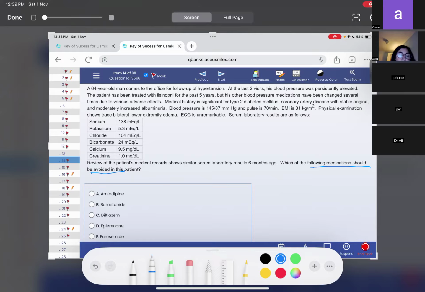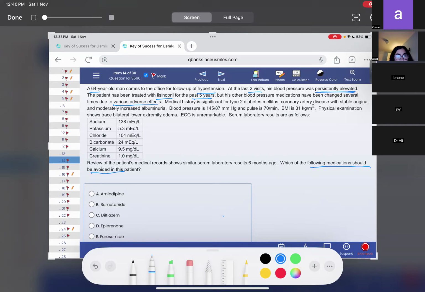So a 64-year-old man with hypertension, at least the last 2 visits, his blood pressure was persistently elevated, means that his BP is continuously elevated. The patient has been treated with lisinopril for the past 5 years and other blood pressure medications have been changed several times due to various side effects.